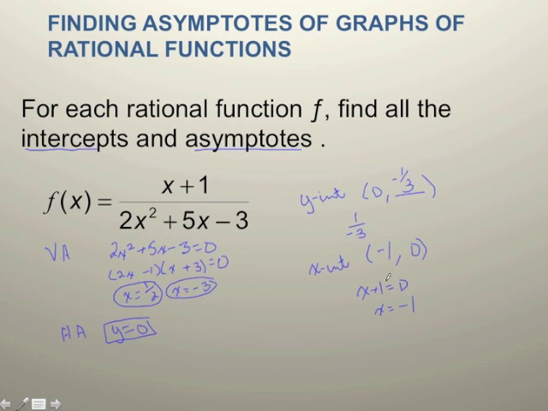And then we did mention that it's possible for the graph to cross a horizontal or oblique asymptote, and here we have a horizontal. To find out if that happens, we take the rational function and make it equal whatever the horizontal asymptote is, in this case 0, and we'd find out it's here.